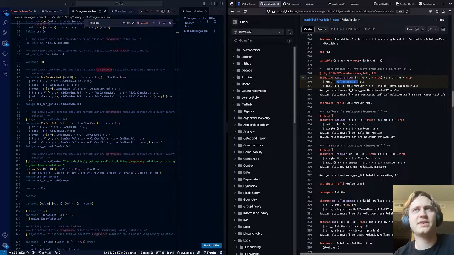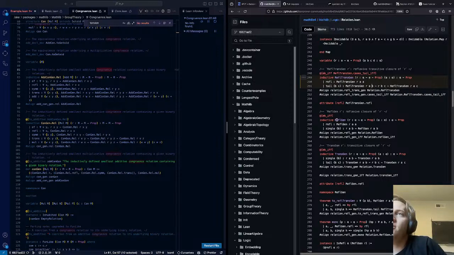I realize I'm going off on a tangent. The problem is that I don't see the R relation here. I feel like there should be a third constructor which lets you say, given that R holds for A and B, then ReflTransGen of R should hold for A and B, right? It's a closure of R, right? And I'm not seeing that.